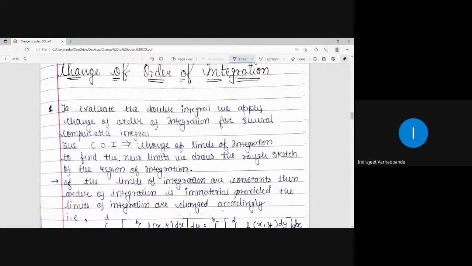But that is a very rare case, wherein for polar coordinates you will be changing the order of integration.